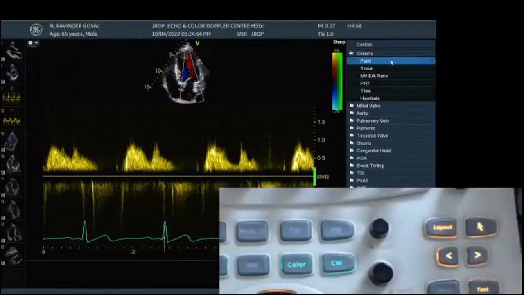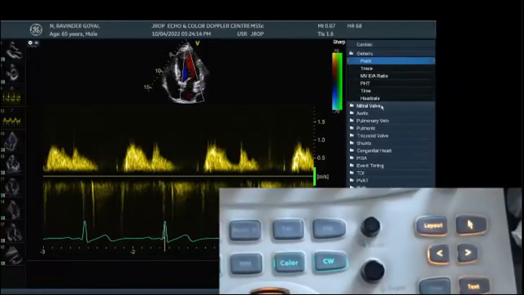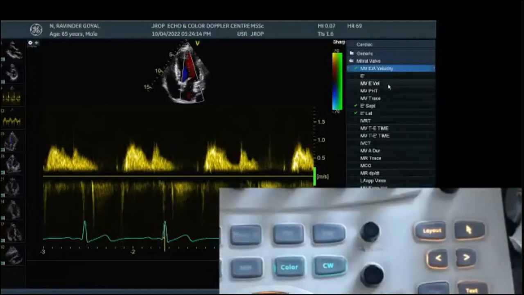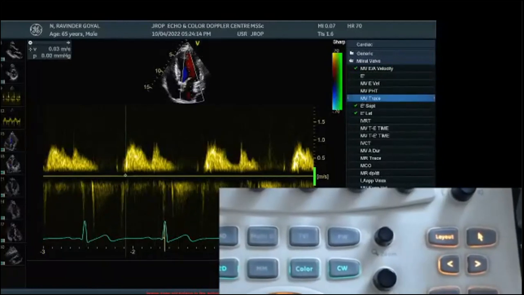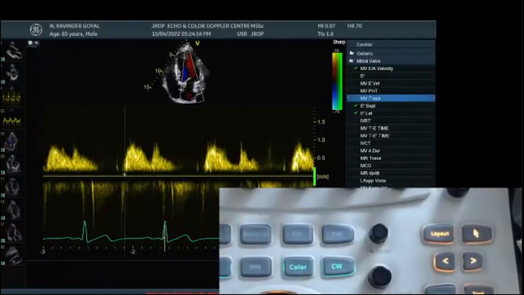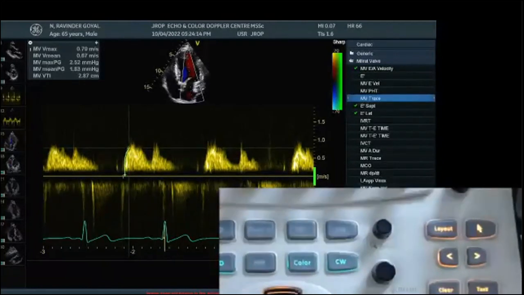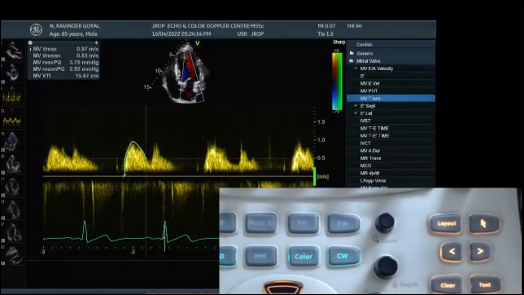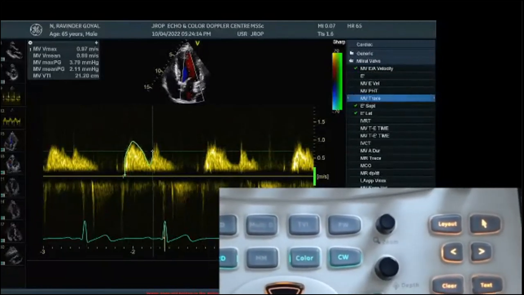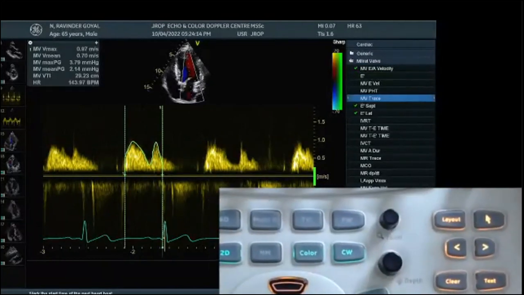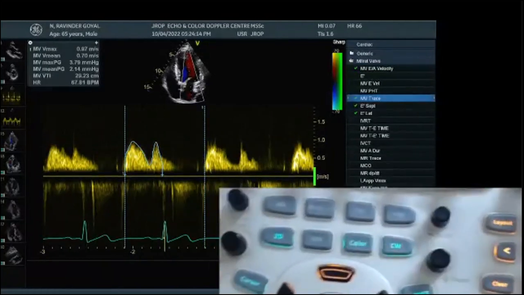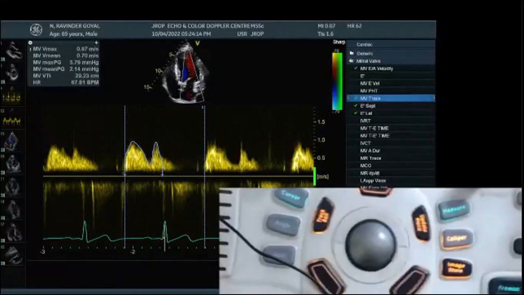Again, on the right side of the screen, you see the mitral valve. I'm going to trace the mitral valve completely, starting from the baseline, going up along the Doppler spectrum pattern, coming back, going up in the A wave, coming back again to the baseline. And this is the Doppler spectrum pattern across the mitral valve.